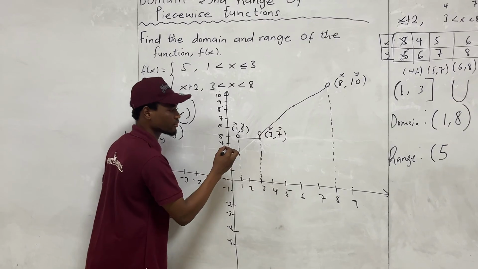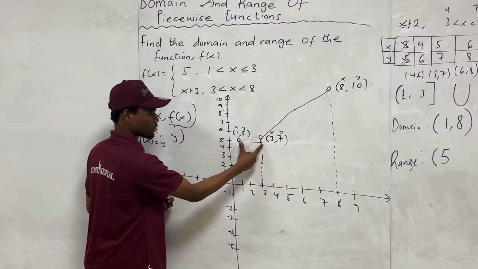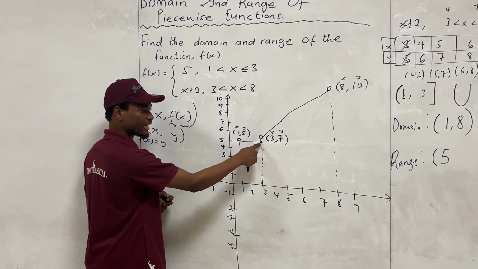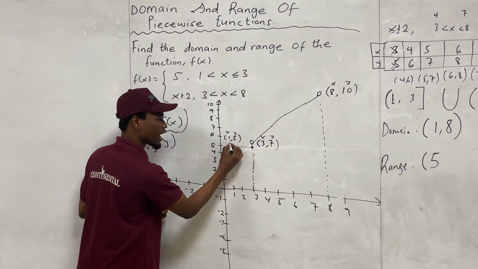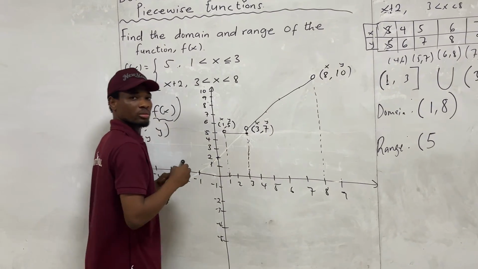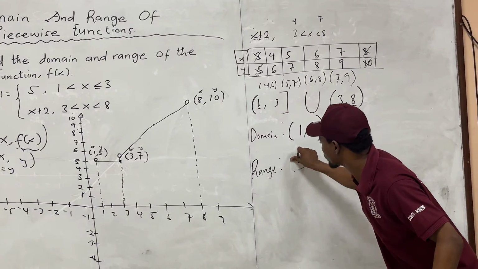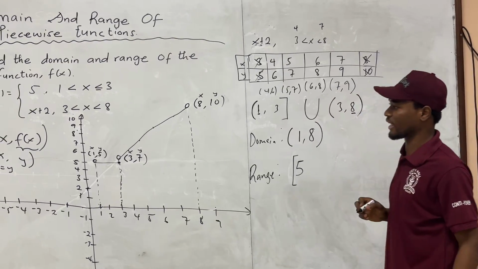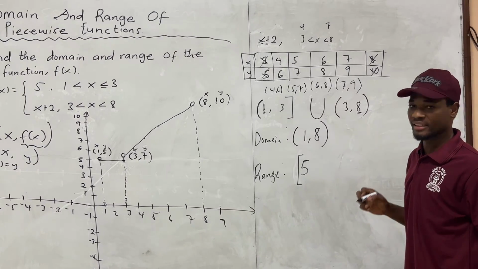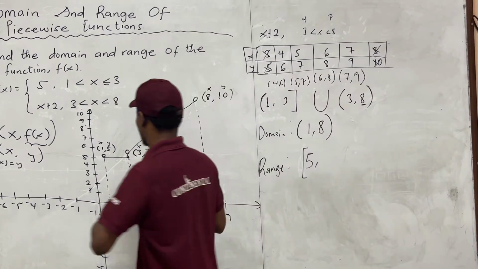You see here, from here up to here, look. This side is closed, right? This side is shaded. Good. It's closed. So therefore, I'm also going to close this point this way. Exactly, right? Good.